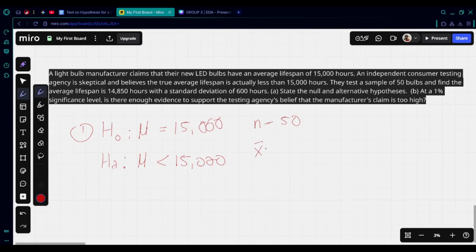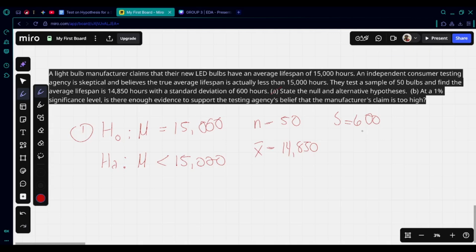So our mean here is 14,850 hours with the standard deviation of 600 hours. So we have now our null and alternative. We have our n, the mean, and the standard deviation. So what is missing? We have already stated the null and alternative hypothesis, so letter A is checked.